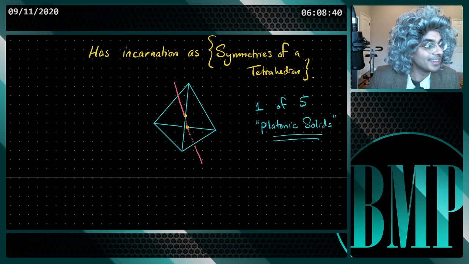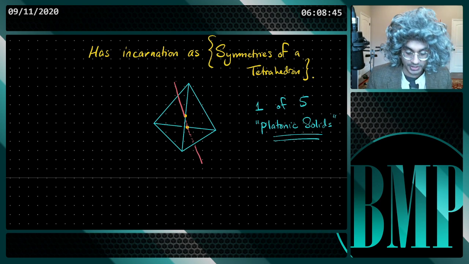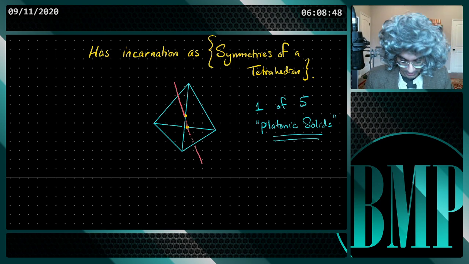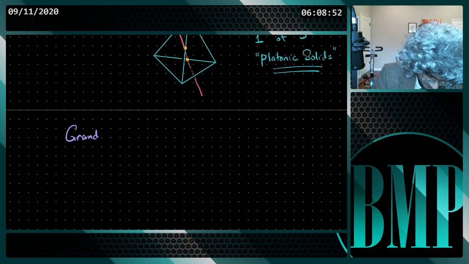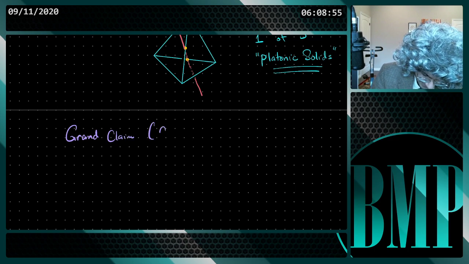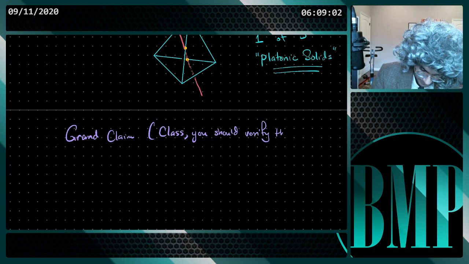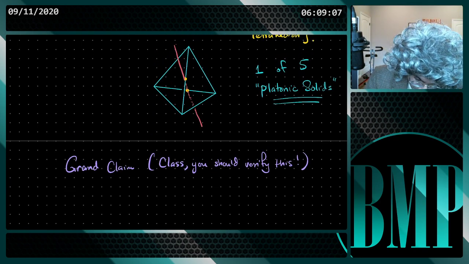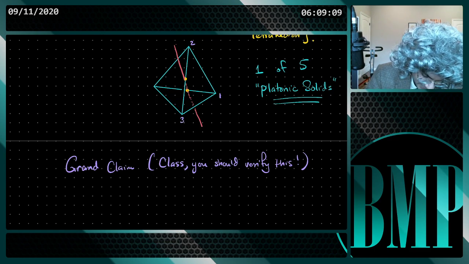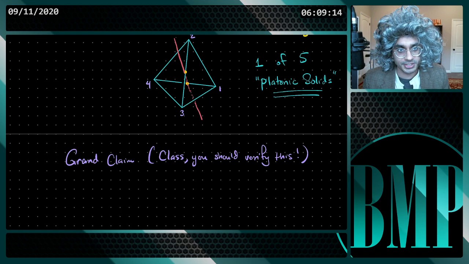Okay. All right, so here's how I tie up this tetrahedron group to A4. So here's the grand claim. And class, you should verify this. Here's a claim. Label the corners of the tetrahedron 1, 2, 3, and 4. Just put symbols next to the corners.